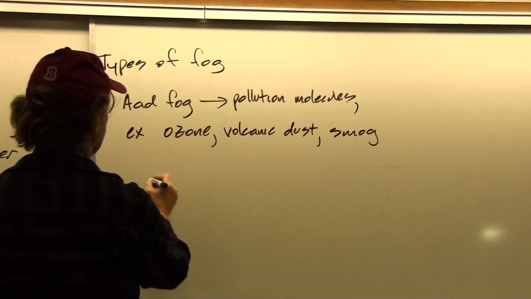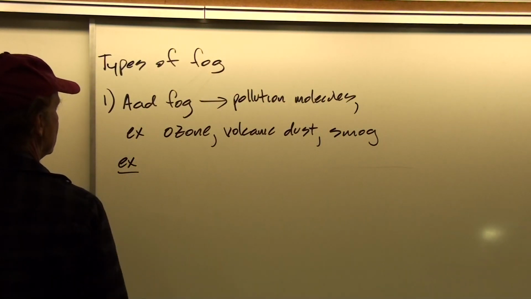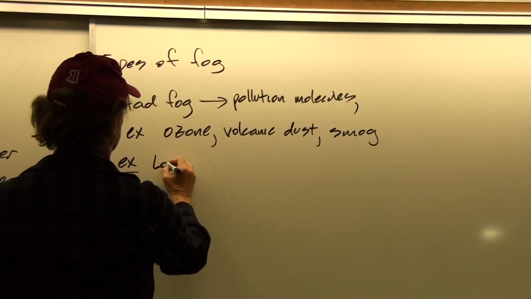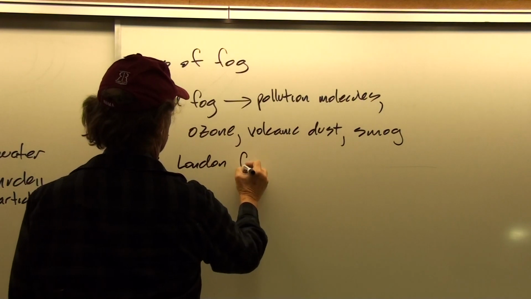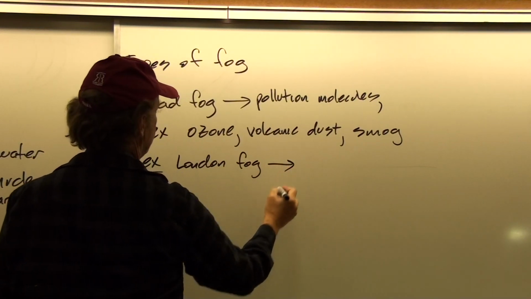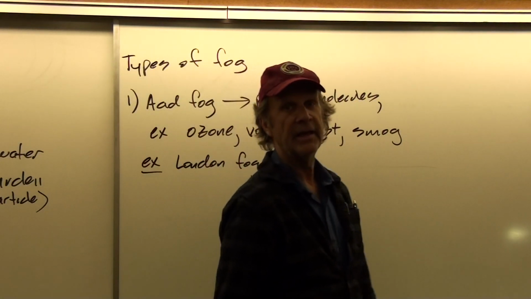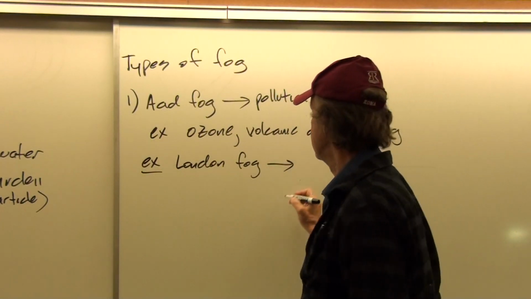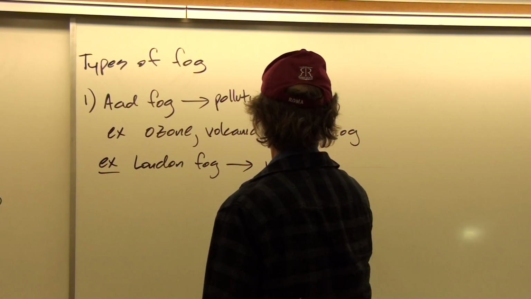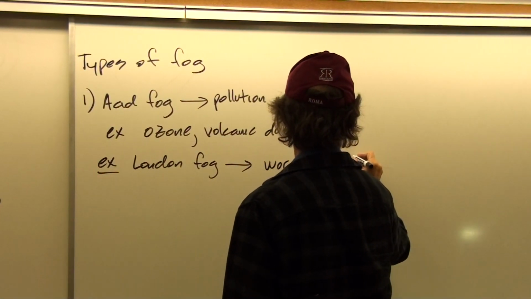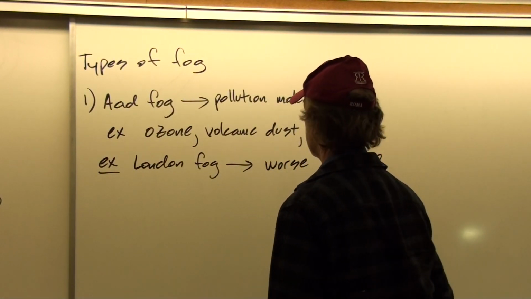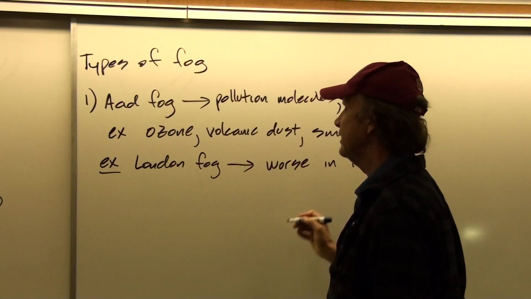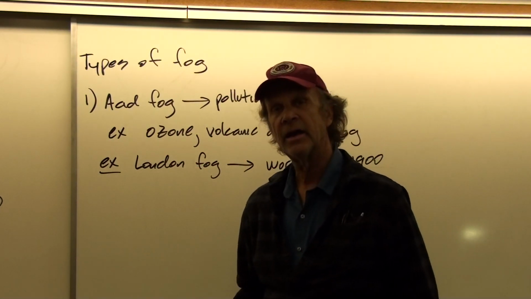And so an example of this then would be the London fog. London is kind of famous for its really foggy days, but it was worse around 1900. They were extremely foggy in those days, and they attributed that to the very bad air pollution.